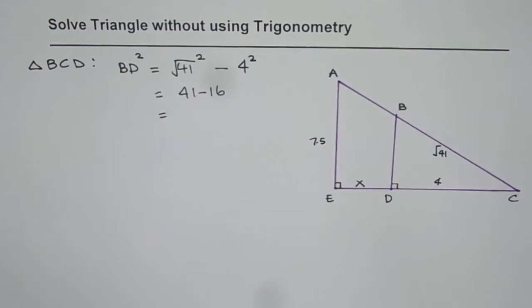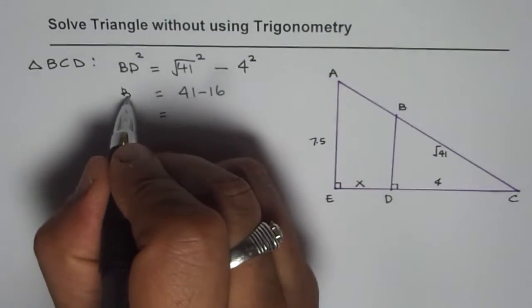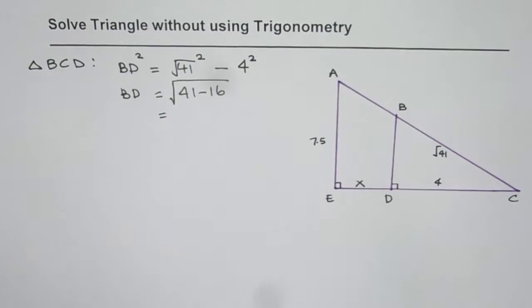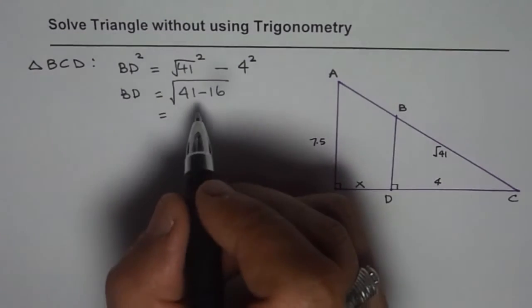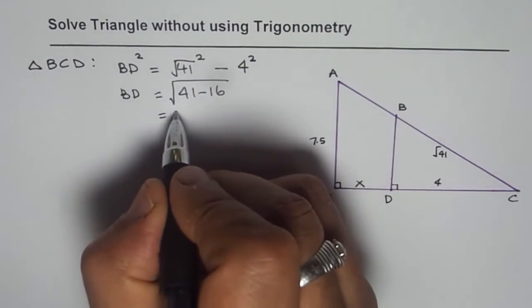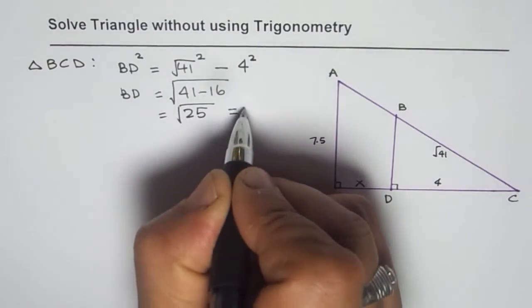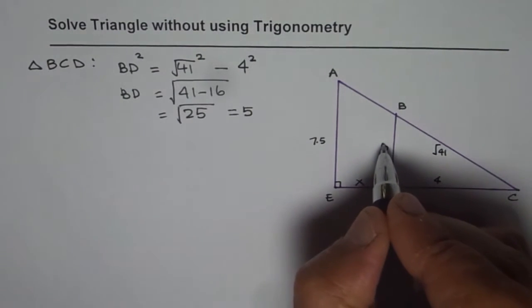Now we can always use the calculator to find BD, which is actually equal to the square root of 41 minus 16. Now 41 minus 16 is 25, correct? So we get the square root of 25, which is equal to 5. So what we have got is BD, which is 5.